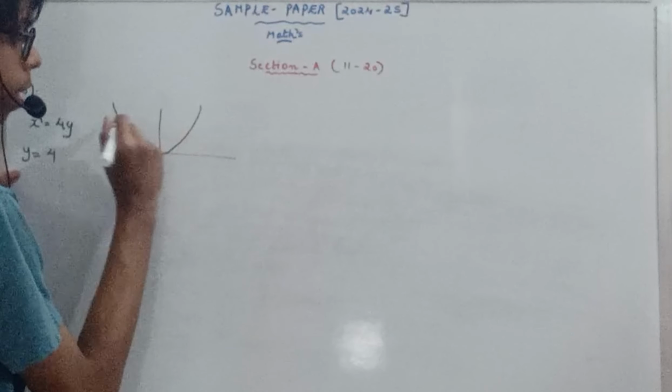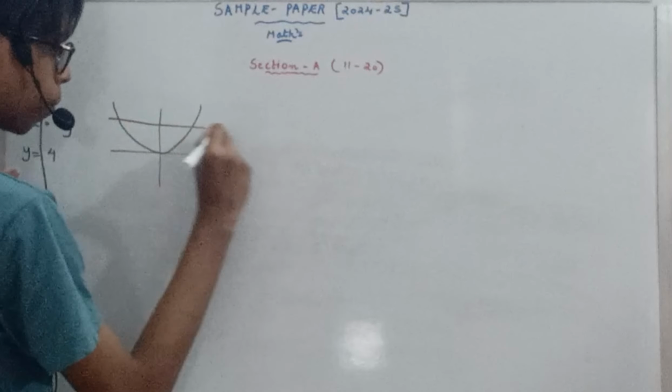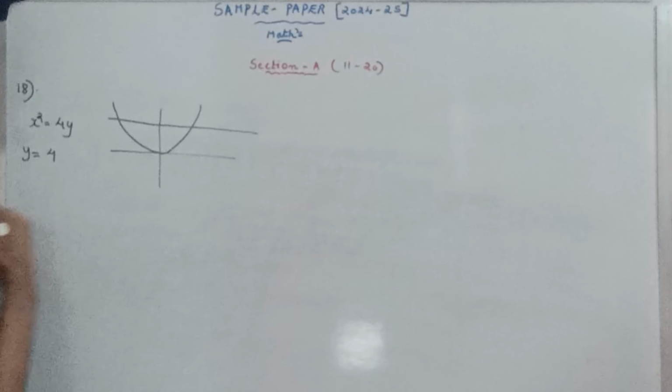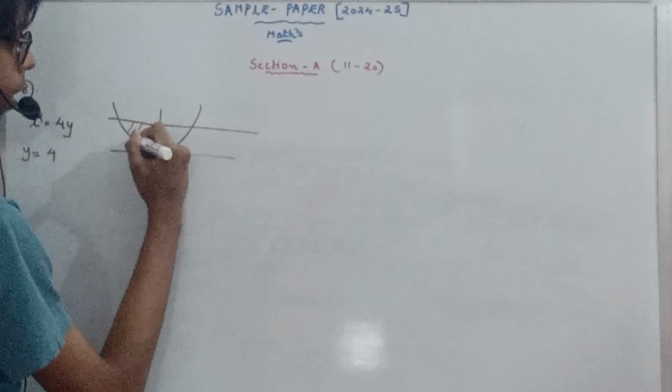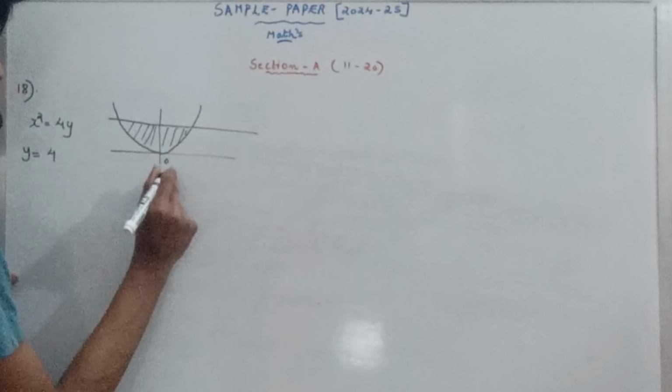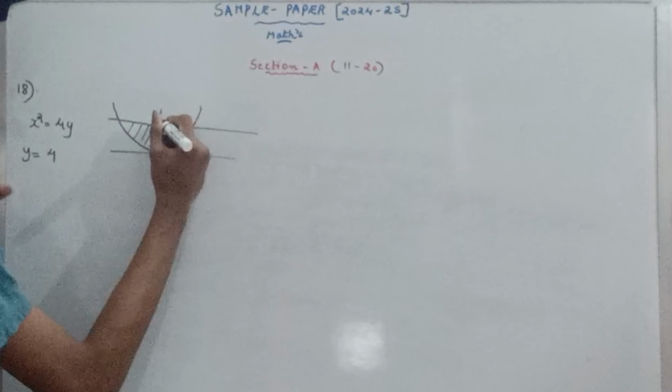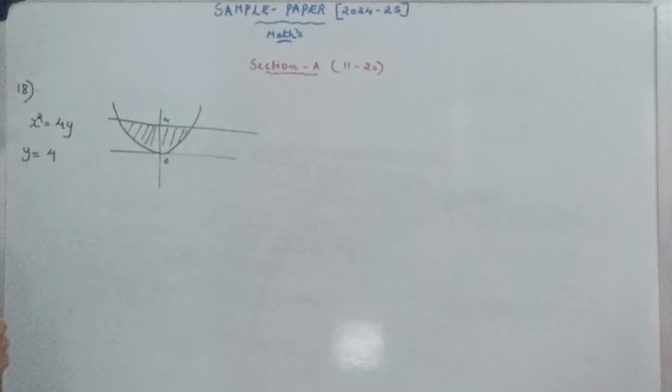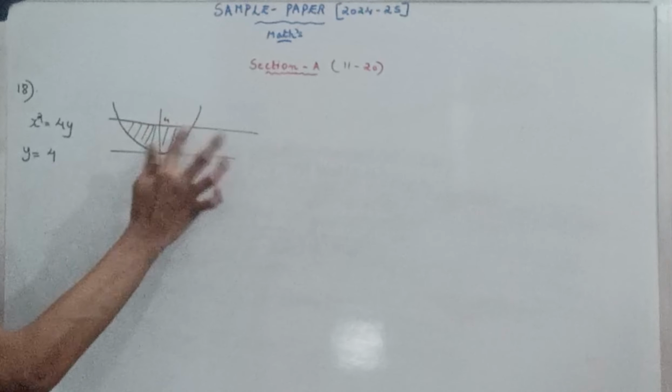So y is equal to 4 will be somewhere here. We start from the origin, and y is equal to 4 will be over here. So we need to find this area.